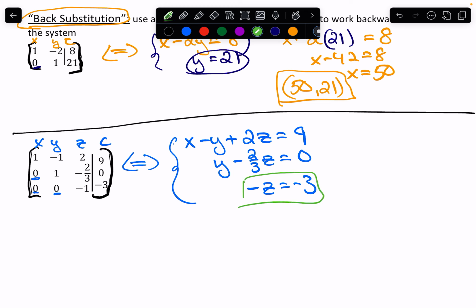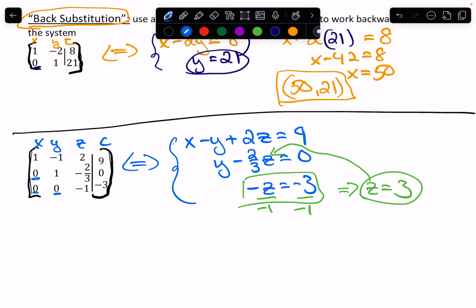So looking at this one right here, we only have z. So we can divide both sides by negative 1, and we get z equals 3. What we want to do with this is substitute it into the second equation, because that only has y and z.